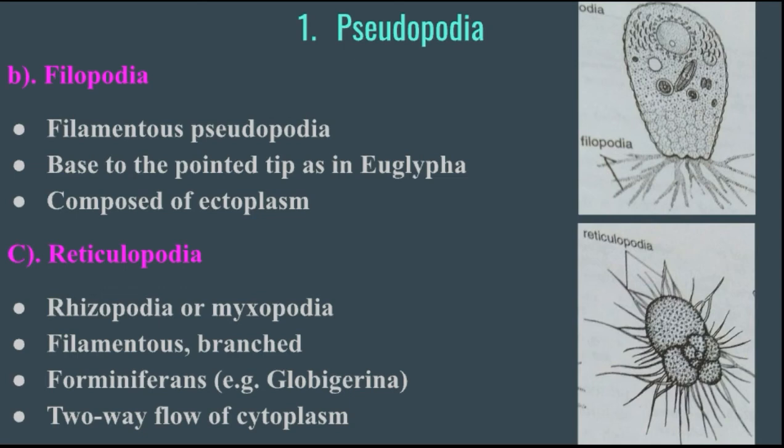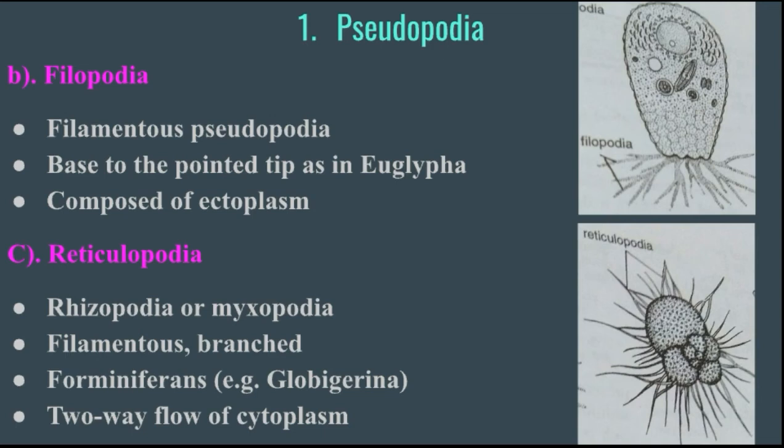Next one is the reticulopodia, also called rhizopodia or myxopodia. These reticulopodia are filamentous, and these filaments are branched and interconnected profusely to form a network, as you have seen in the second picture of this slide.